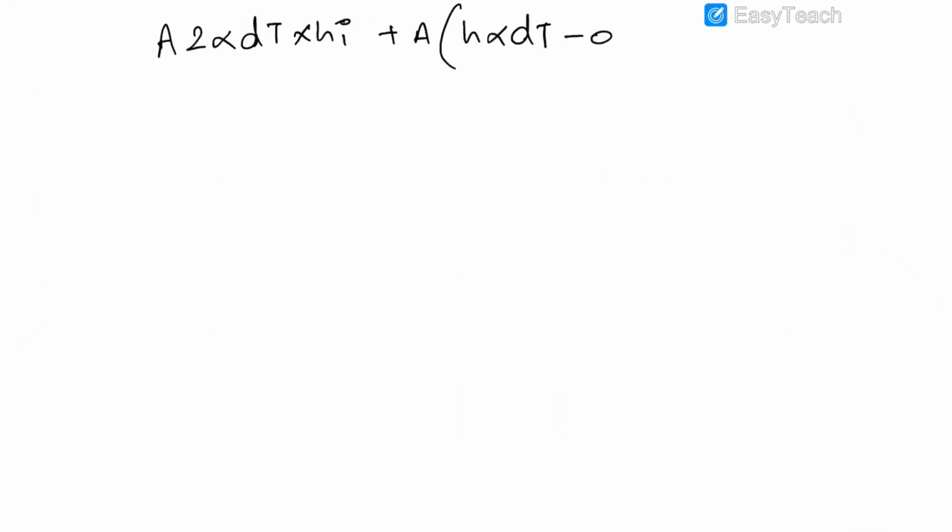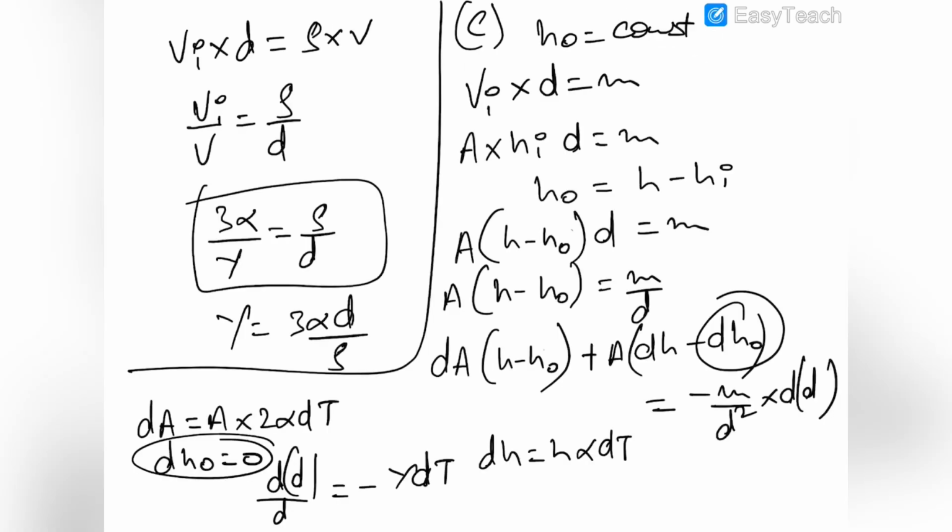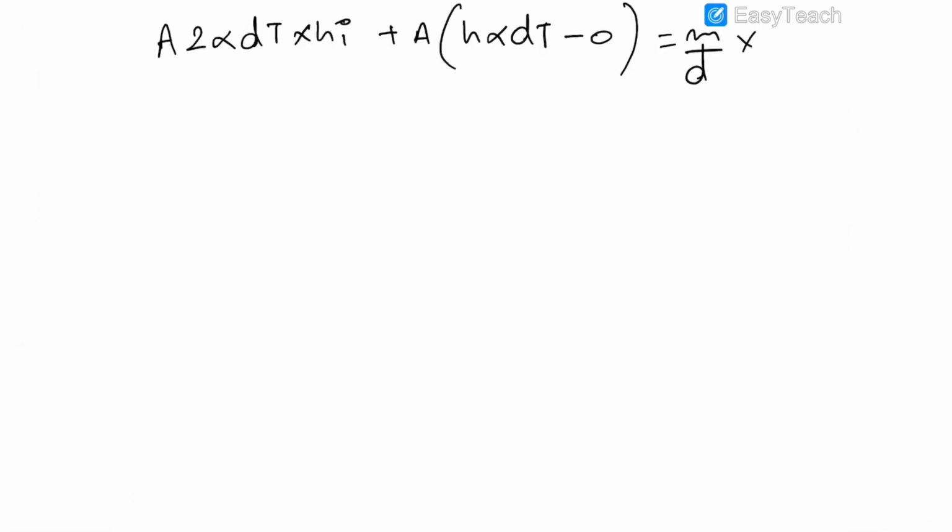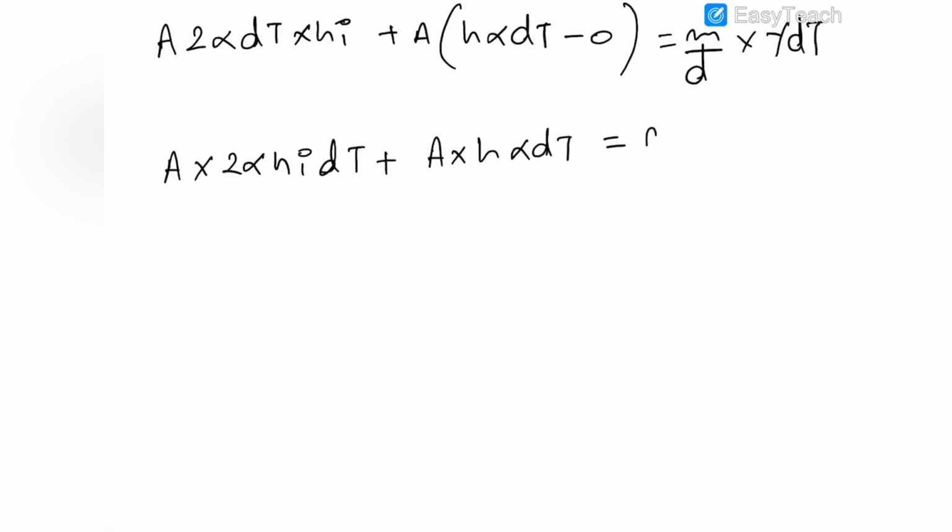And this is equal to m by d into gamma dt. So this is A into 2 alpha hi dt, and this is A into h alpha dt, and this is equal to m by d into gamma dt.